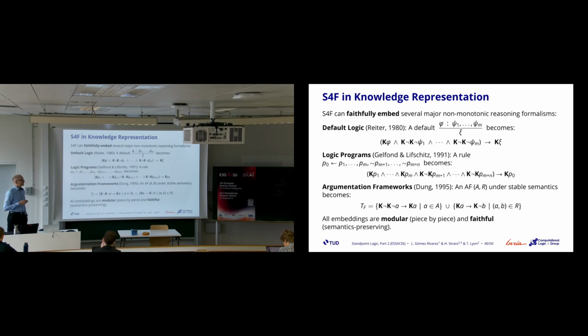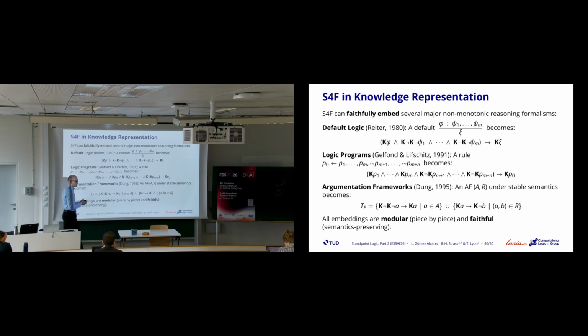And the important thing that we can see here in these translations is that the translations work bit by bit, right? So you can translate a default on its own without having to look at the other defaults and having to look at the rest of the knowledge base, right? You can translate a logic program rule by rule, and you can translate an argumentation framework argument by argument and then attack by attack, right?